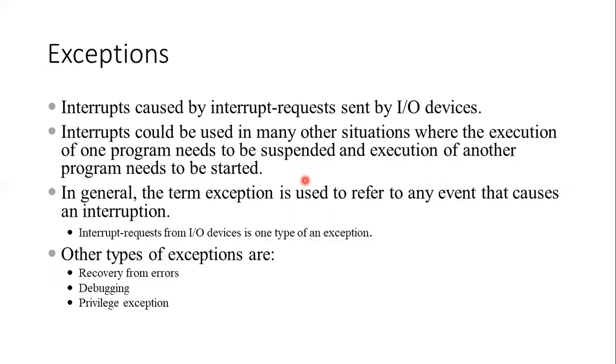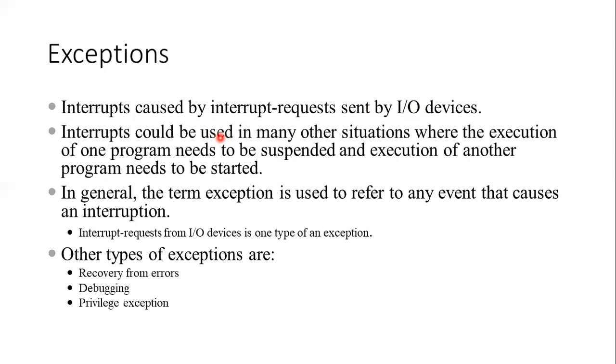As far as exception is concerned, we will discuss what an exception is. Apart from interrupts caused by interrupt requests sent by the IO devices, exceptions are a break into, or an alteration of, the normal sequence of a program.